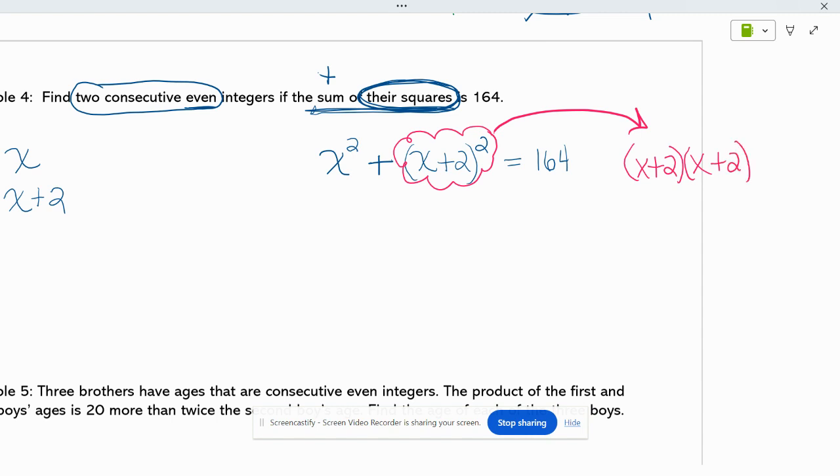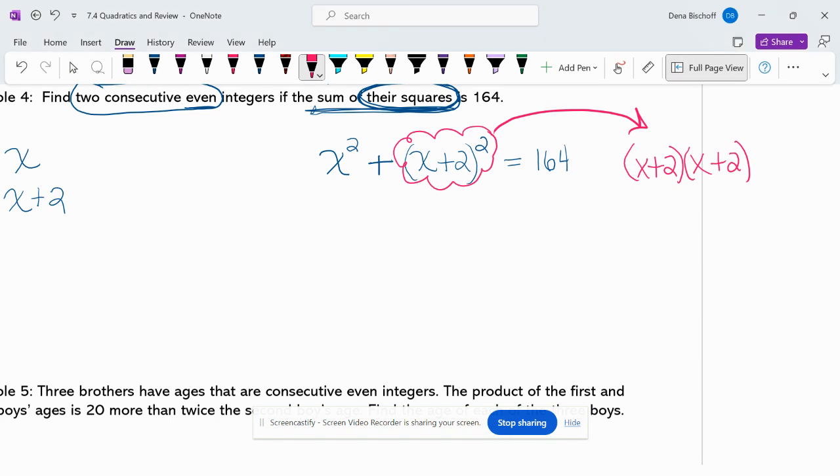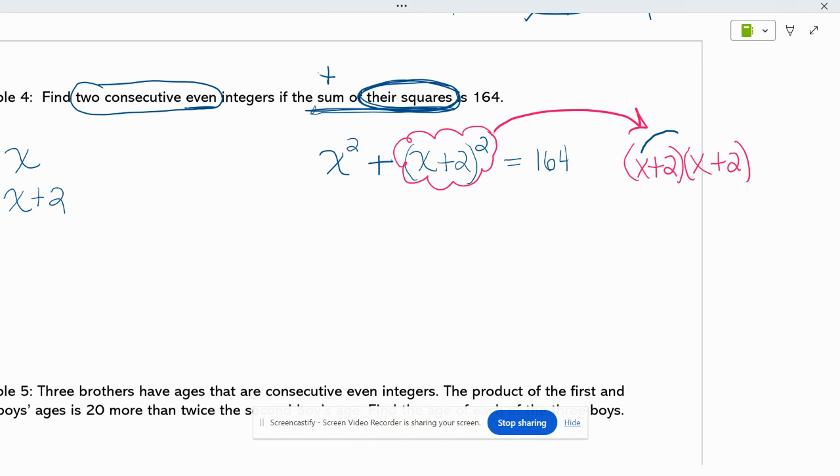Kaden, when I have x plus 2 times x plus 2, how do I get rid of the parentheses and simplify that? What do I have to do? I have to distribute. X times x is x squared. X times 2 is 2x. 2 times x is 2x. And 2 times 2 is 4.